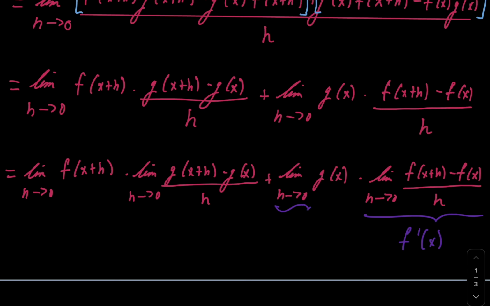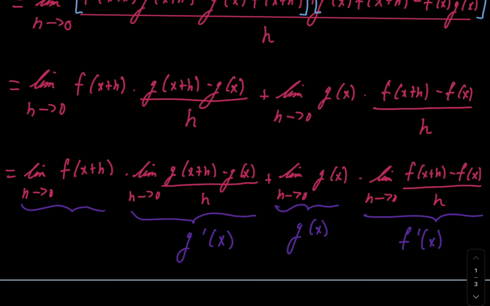This piece right here is just going to be g of x, because g of x is a constant with respect to this limit, since there are no h's inside the limit argument. So we're done there. And then this piece right here is the derivative of g using the limit definition. So this piece is g prime.